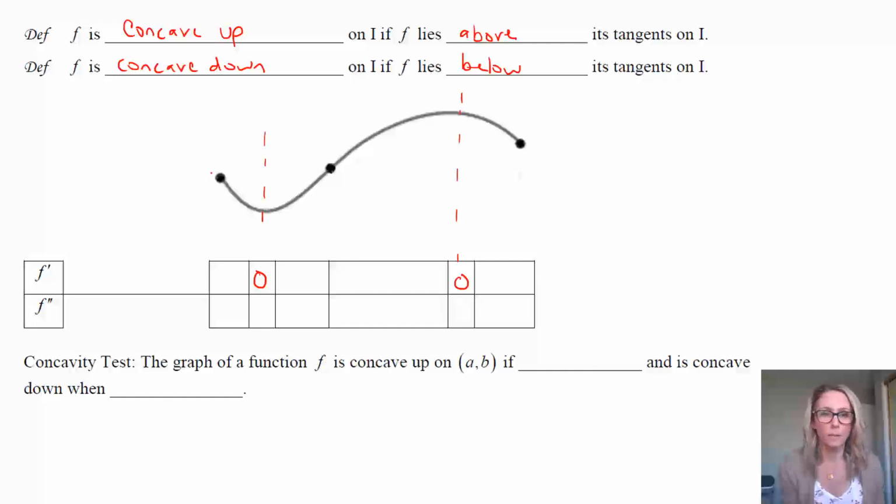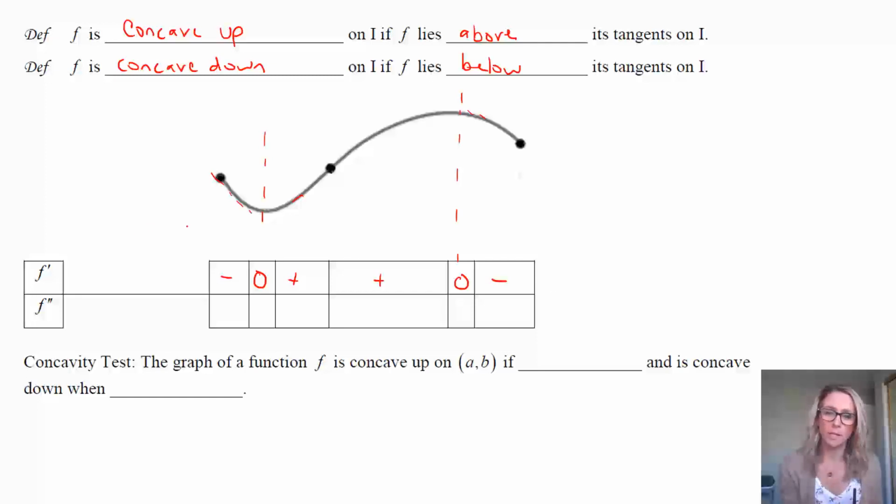We can see that on this function, we are decreasing, then we are increasing, we are still increasing here, and then after here, we are decreasing again. So that tells us something about the derivatives. I want you to notice that we basically have the 4 different pieces here.